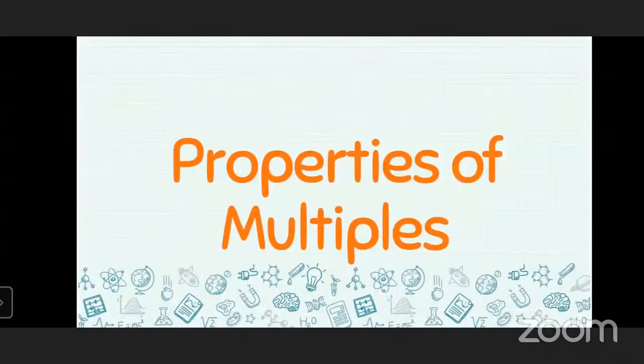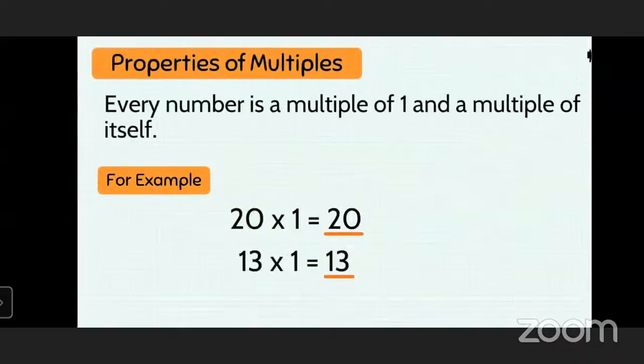So next is properties of multiples, meaning how to identify multiples. The first property of multiples is, anybody? Every number is a multiple of 1 and a multiple of itself. Very good. Like 14 ones are 14, 15 ones are 15. So every number is a multiple of 1.